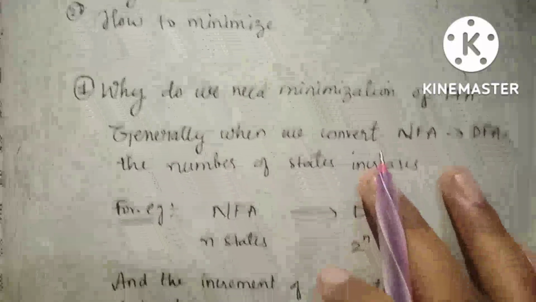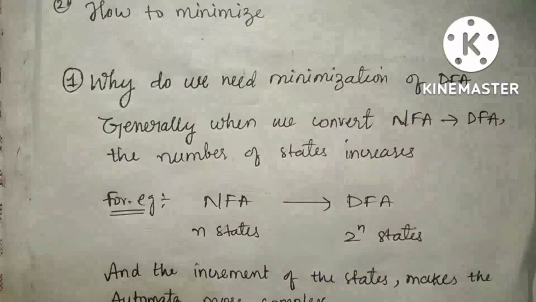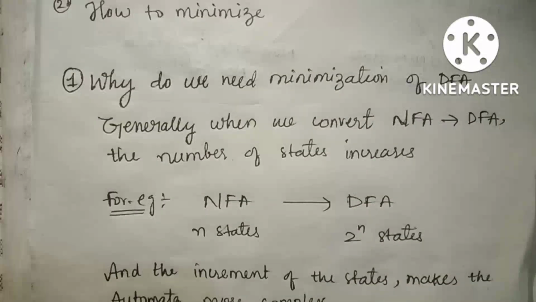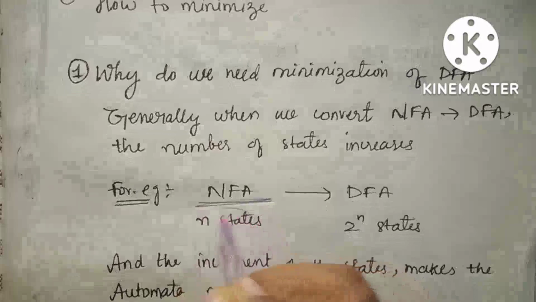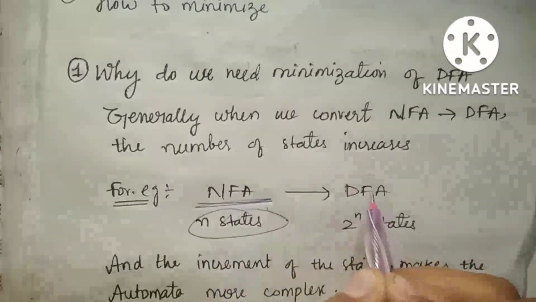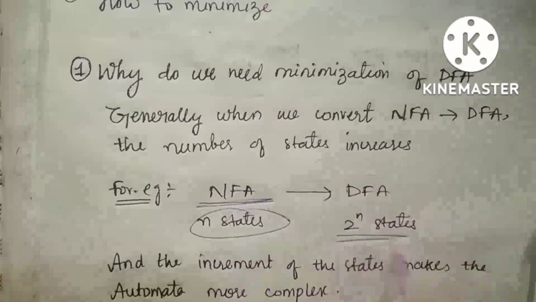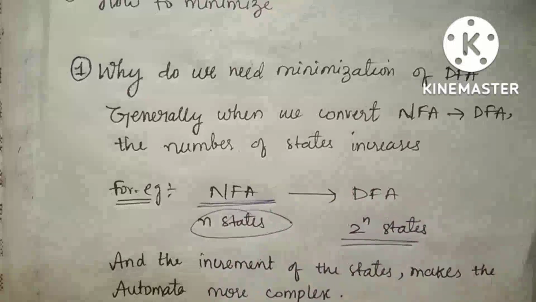So basically, when we convert NFA to DFA, the number of states increases in DFA. For example, if in NFA there are n states, when we convert into DFA, the states will be 2 power n.